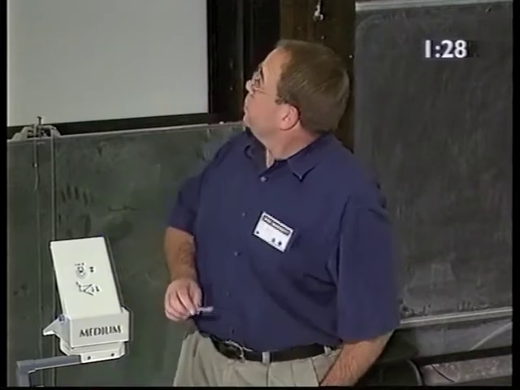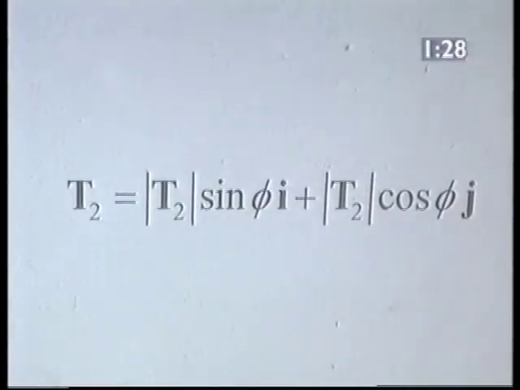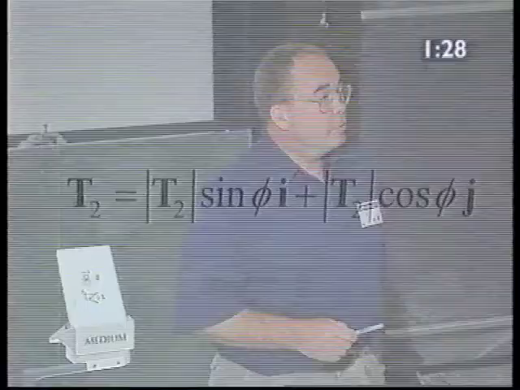These two components are in the direction of the chosen axes, and so the vector T2 is T2 sine phi i plus T2 cos phi j. Agreed?